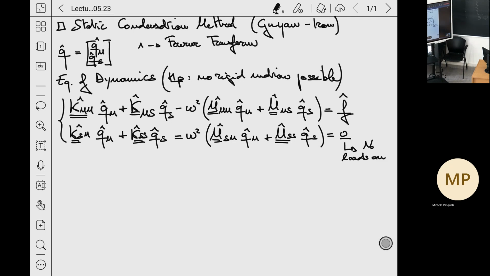We can call these two equations A and B.